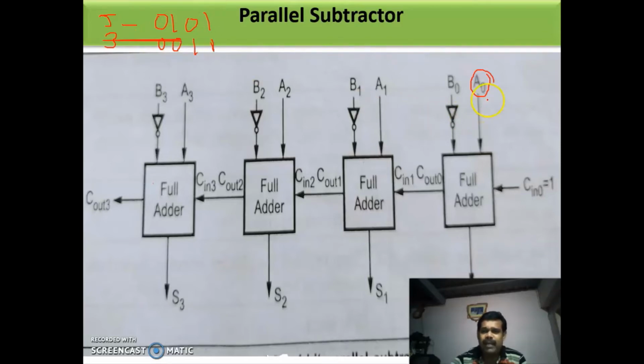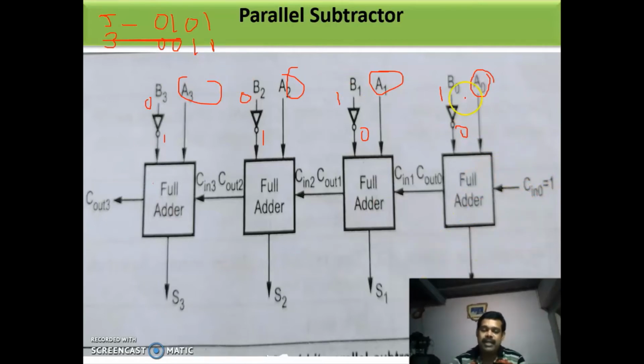This 5 will be given to A0, A1, A2 and A3. This 3 will be given to B0 and so on. This inverter will make the 1's complement, and since you are making this C in equal to 1, it will add 1.